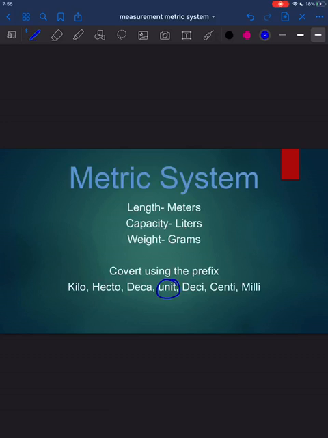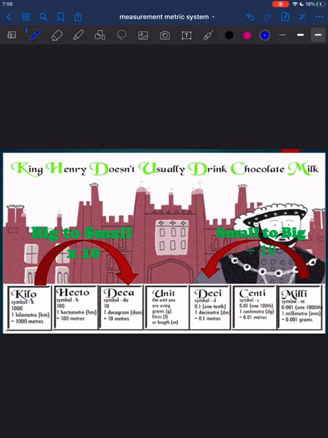You can make those units bigger or smaller by adding the prefixes deca, hecto, or kilo for the bigger units, and deci, centi, and milli for the smaller units. To remember that, you can use the saying: King Henry doesn't usually drink chocolate milk, which stands for kilo, hecto, deca, unit, deci, centi, and milli.